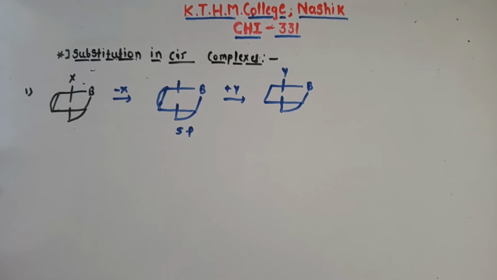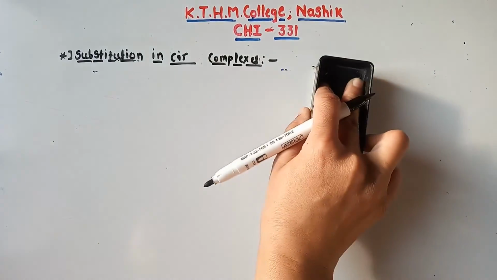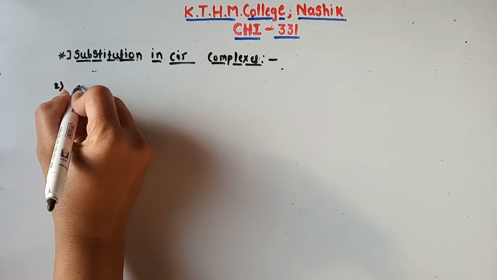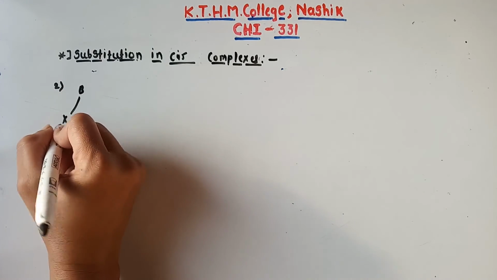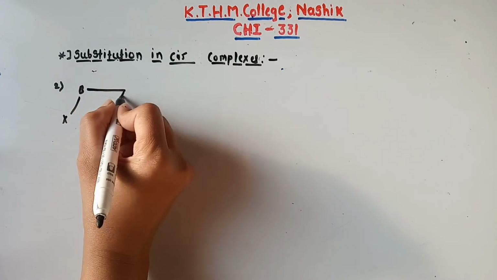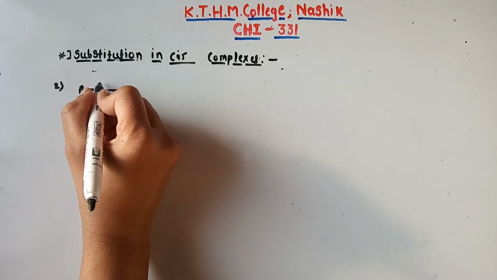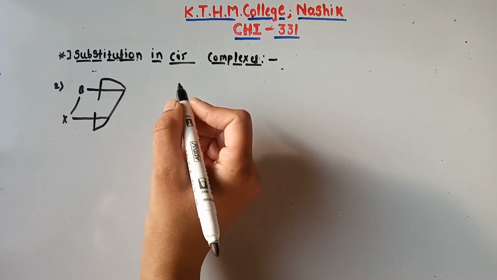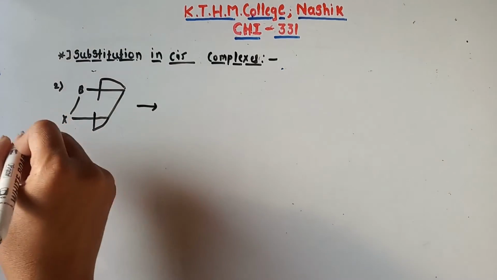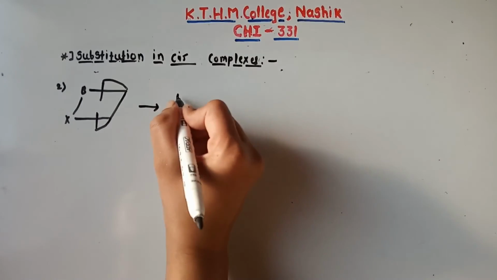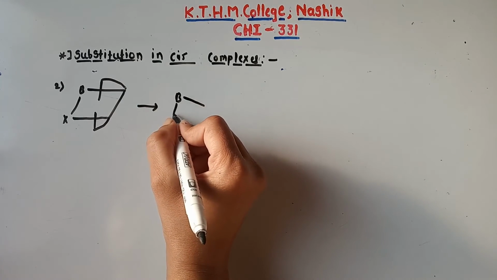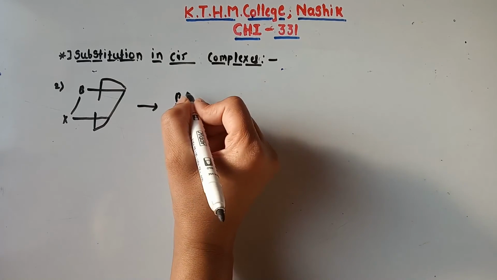Okay, so let's see second possibility. B, X. Okay, when X is dissociated from this complex, we get trigonal bipyramidal intermediate, B at the plane.